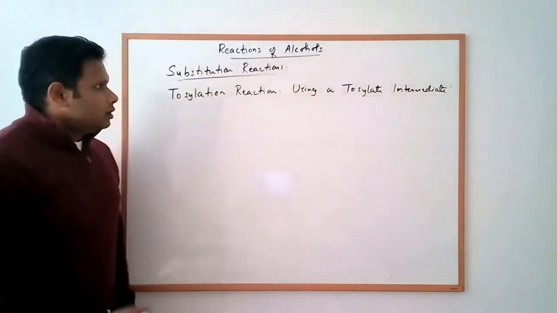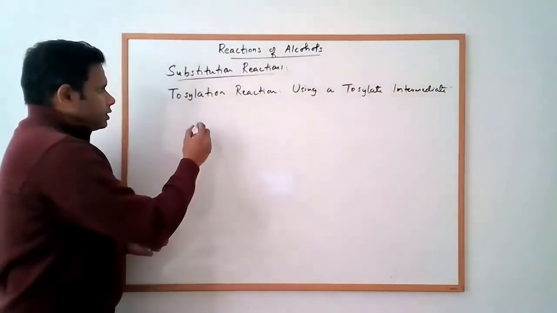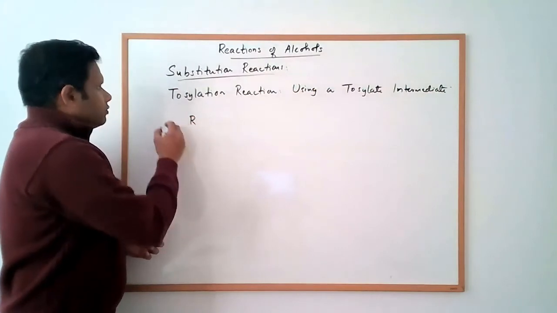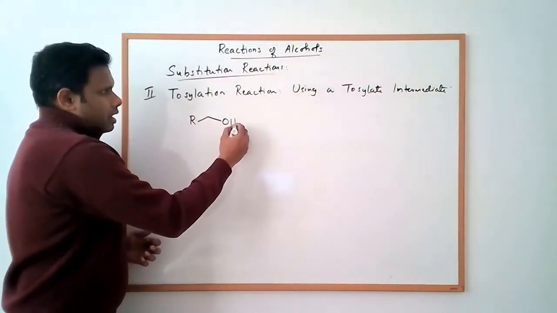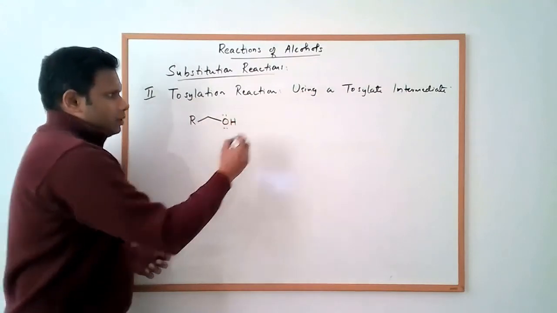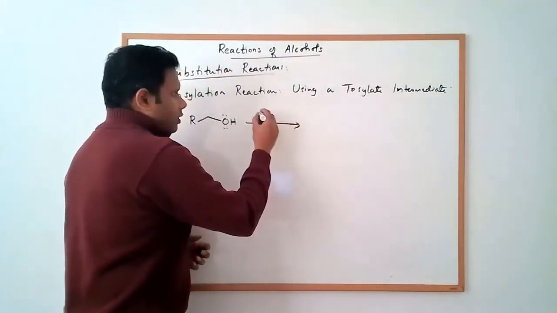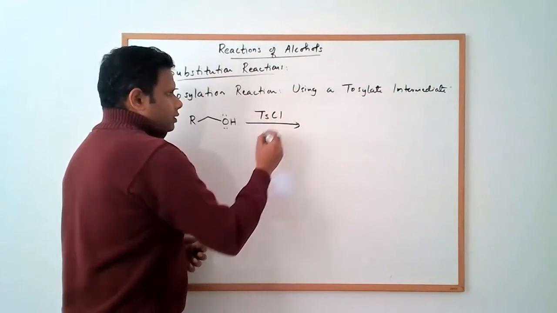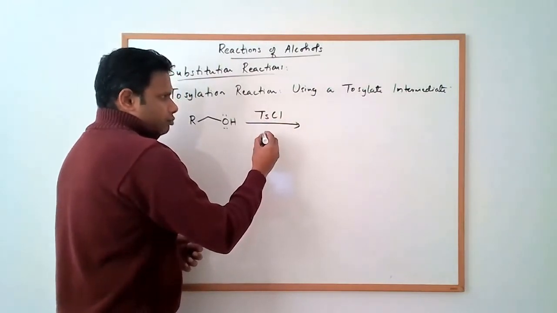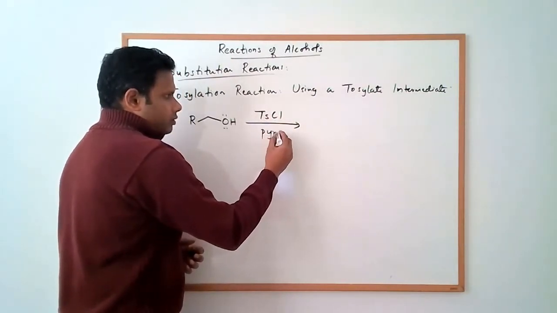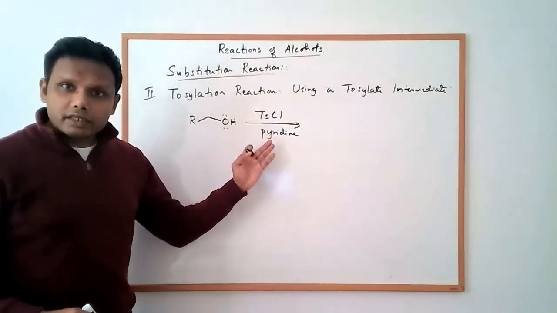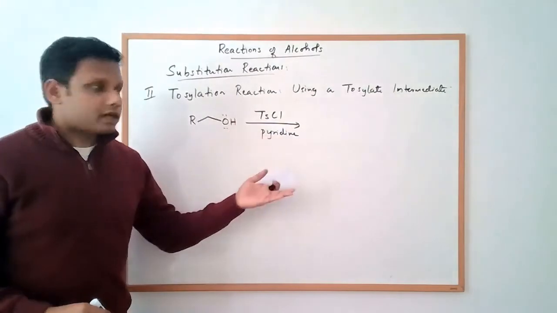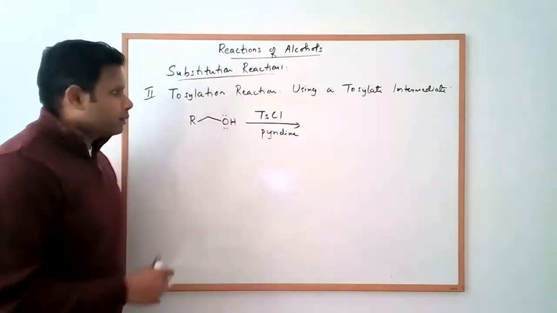So essentially what we do here is we can react the alcohol with tosyl chloride. And again, pyridine is a great base for doing this reaction as well. There's some similarity here to the reaction with thionyl chloride, even in terms of mechanism.